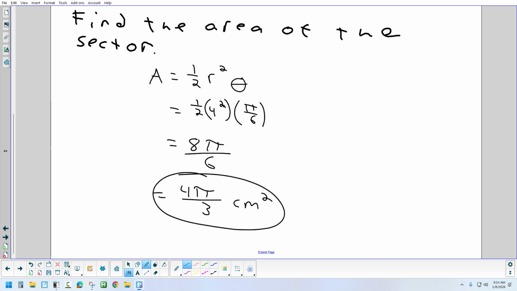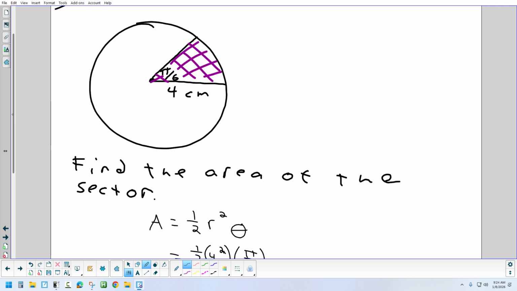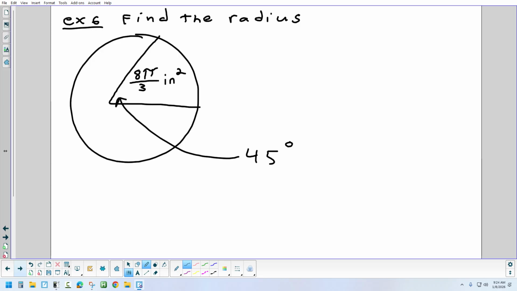Okay, so that's finding the area, and they gave you a picture. This is finding the radius, and they're giving you a picture again. Okay, what's different this time? 45 degrees on the angle. Yeah, it's in degrees, so first thing we should do right away is change that.